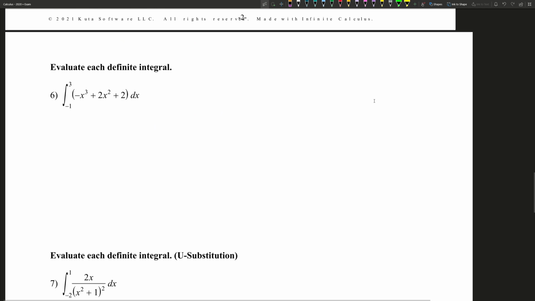Number 6, evaluate each integral. All right, so what I like to do is I'd normally like to separate this out.